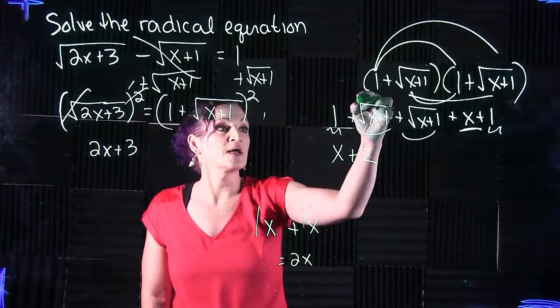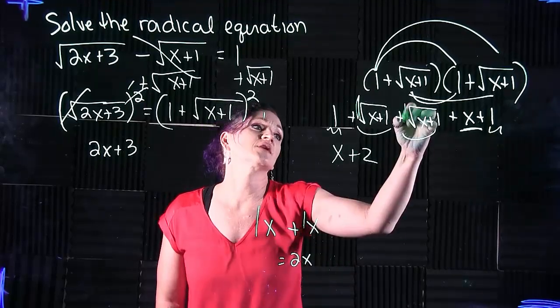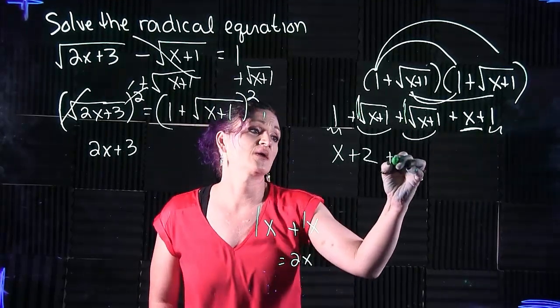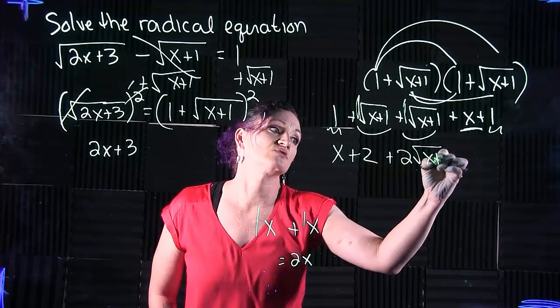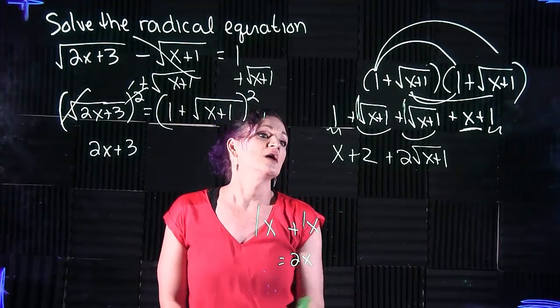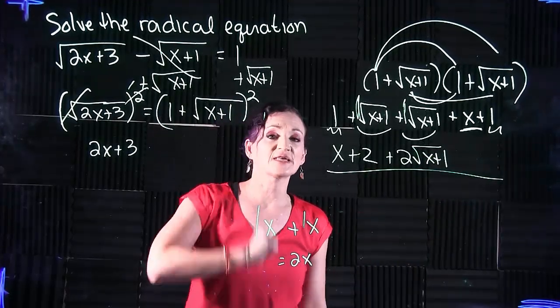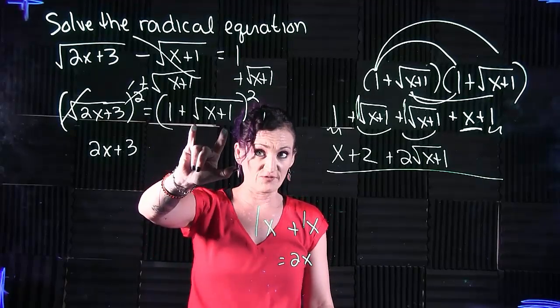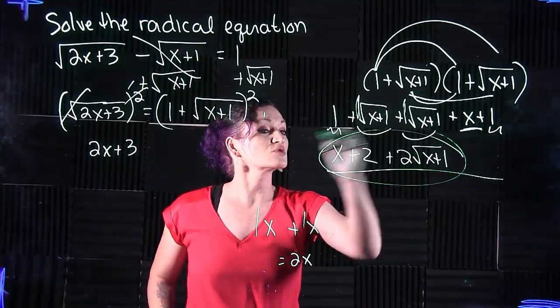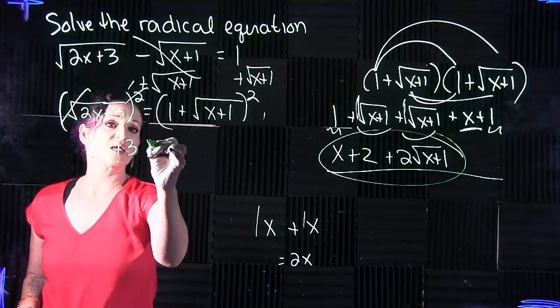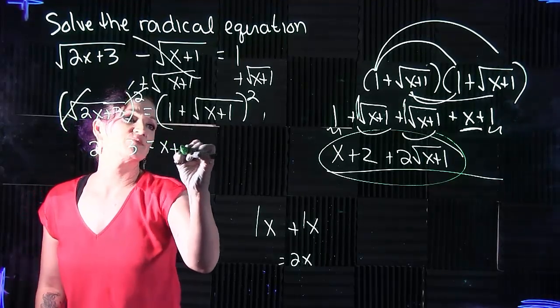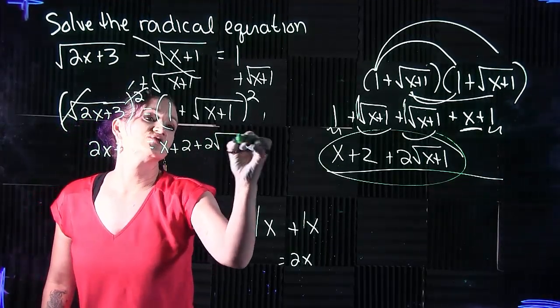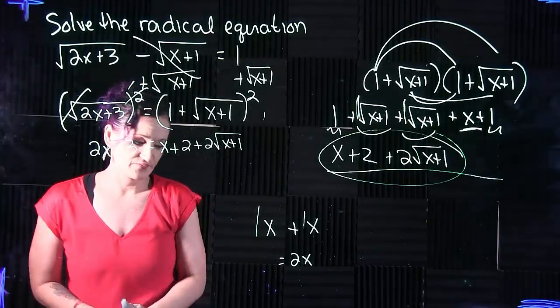So 1 square root of x plus 1 plus 1 square root of x plus 1 is 2 square roots of x plus 1. This is what the right-hand side here equals. 1 plus the square root of x plus 1 squared is equal to this. So I'm going to write that in over here. x plus 2 plus 2 square roots of x plus 1.